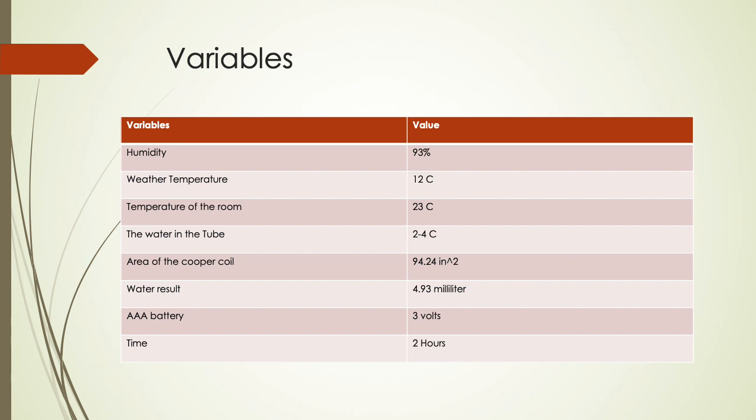The water in the tube, which is the cold water, was between 2 to 4 degrees Celsius. The area of the copper coil was 94.24 square inches, and the water result was 4.93 milliliters. I used AAA batteries, which is equal to 3 volts, and the time the device was running was 2 hours.